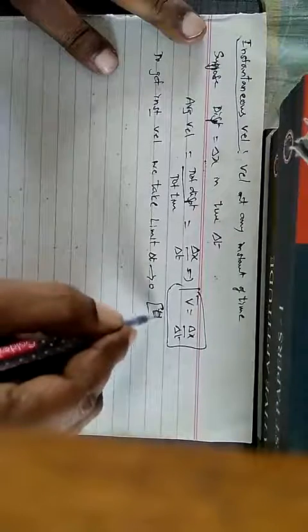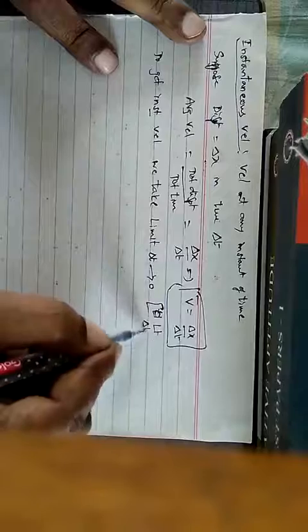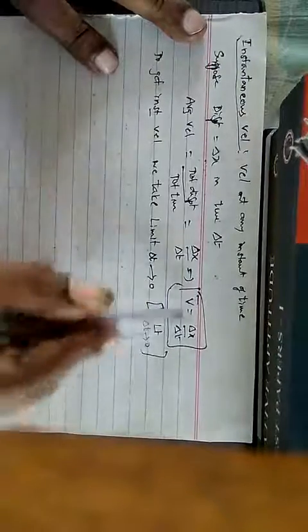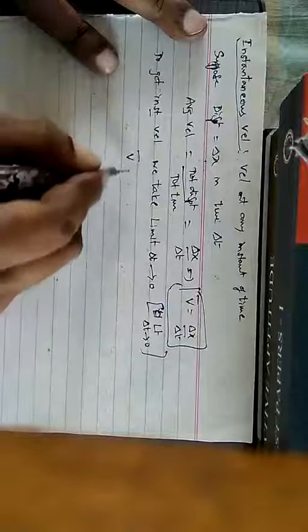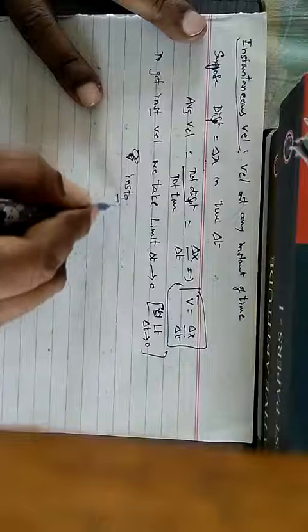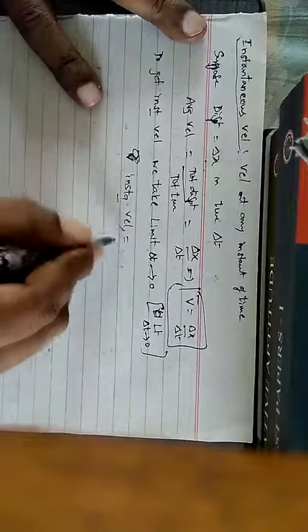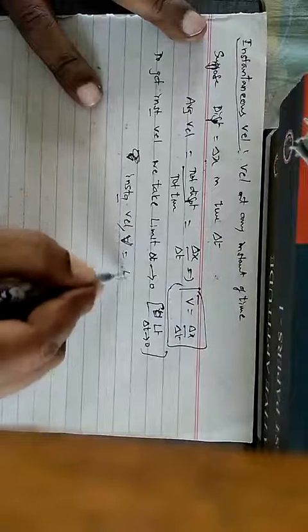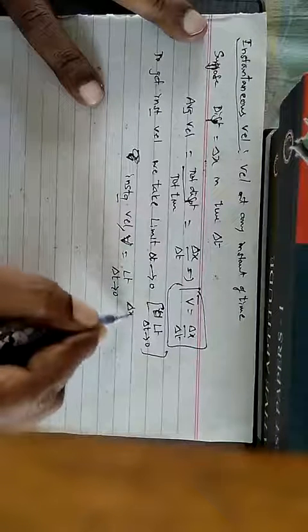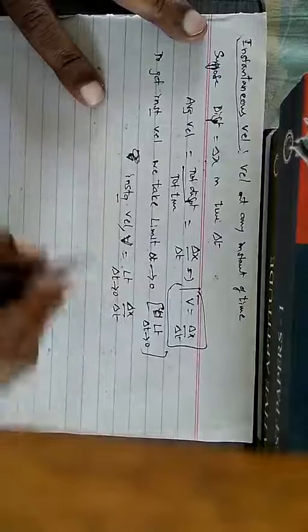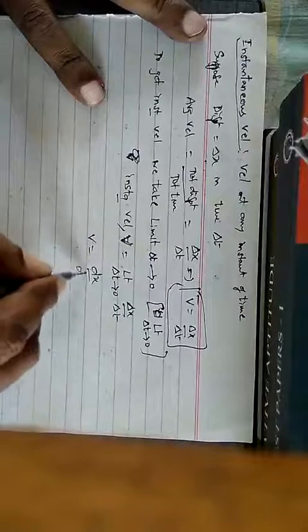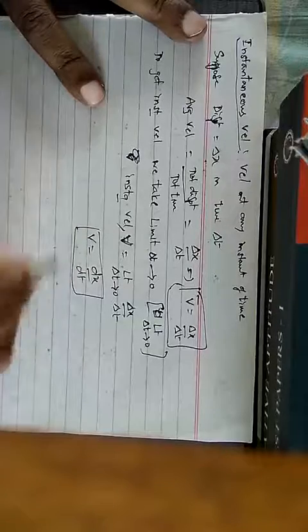So instantaneous velocity is v is equal to limit delta t tends to 0 of delta x upon delta t, which is equal to dx upon dt. This is a formula.